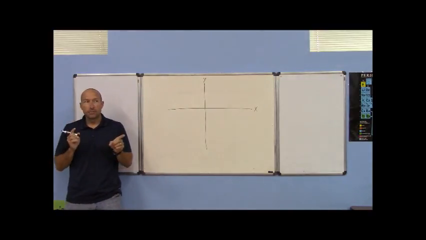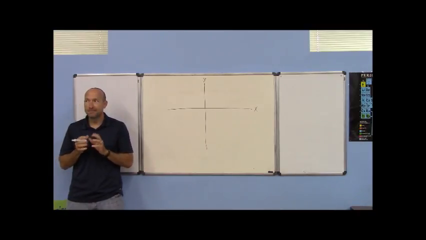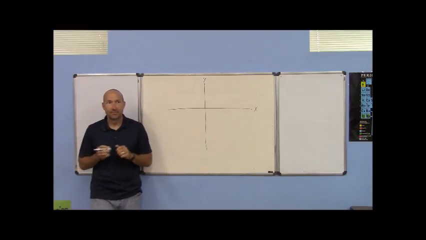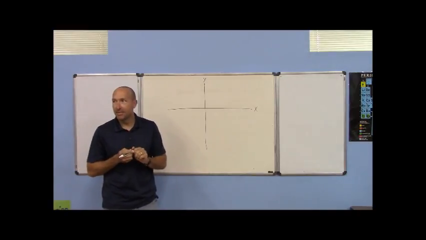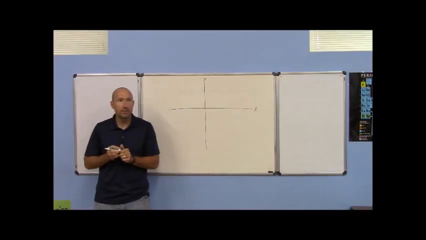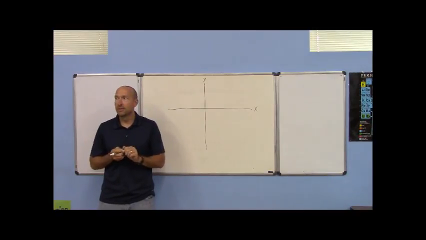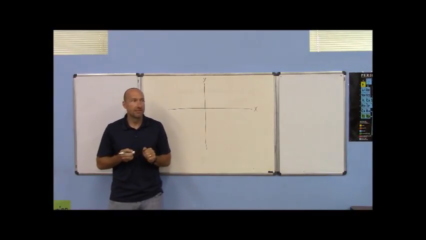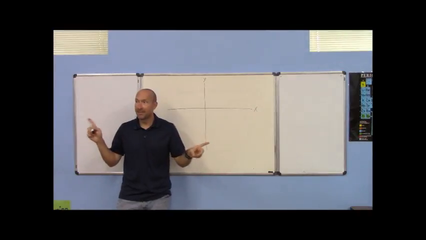Those who have taken geometry, do you remember what defines a plane? Anybody? Is it 2 points? Any 2 points define a plane? Or does that define a line? Any 2 points define a line.